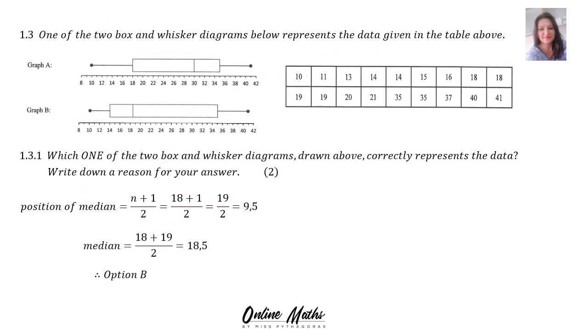1.3. One of the two box and whisker diagrams below represents the data given in the table above. There's graph A, graph B, and your table. Which one of the two box and whisker diagrams drawn above correctly represents the data? Write down a reason for your answer. So what happened here was I calculated the position of the median.